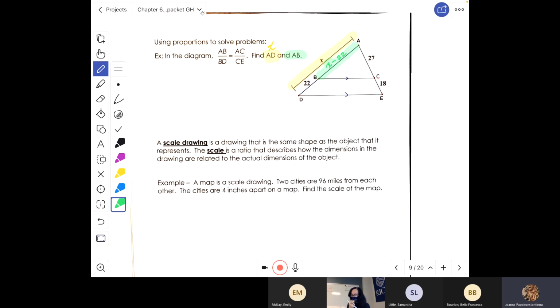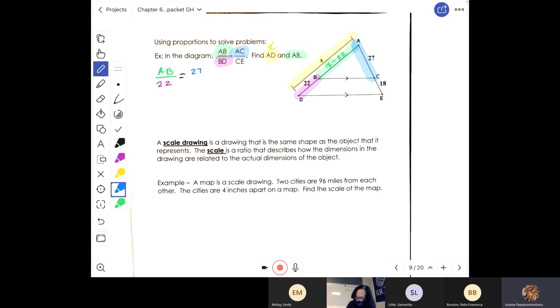All right, let's see what we've been given. We have that AB over BD, which is 22, equals AC, which is 27.